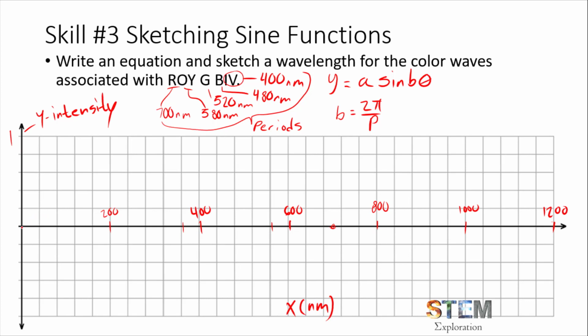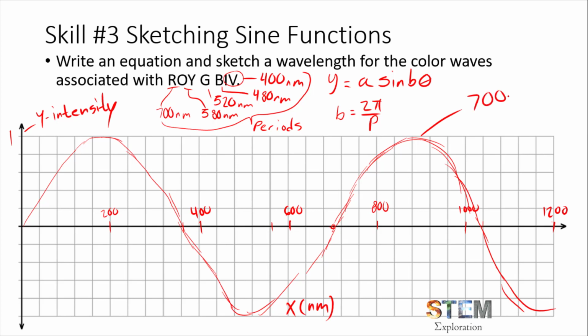A red wavelength is going to do something like this, where it'll go down and back up. So that's 700. And then at 350, it'll intersect again. And this is what a 700 nanometer wavelength would be.